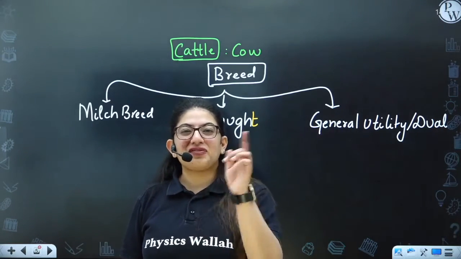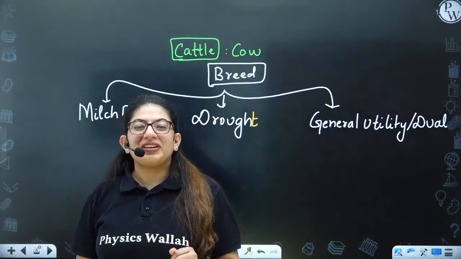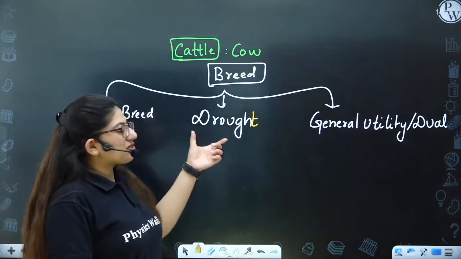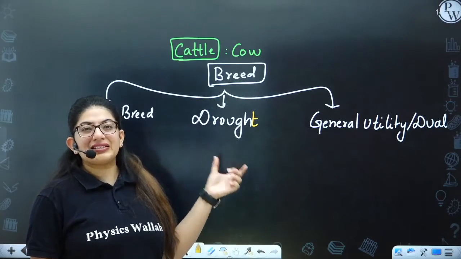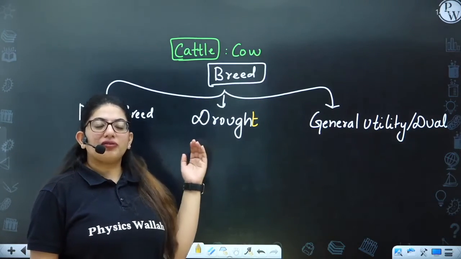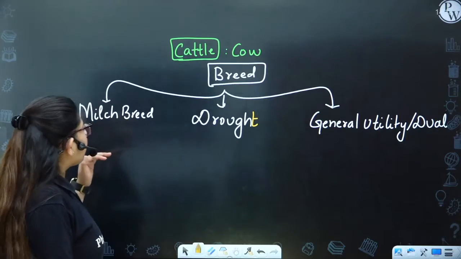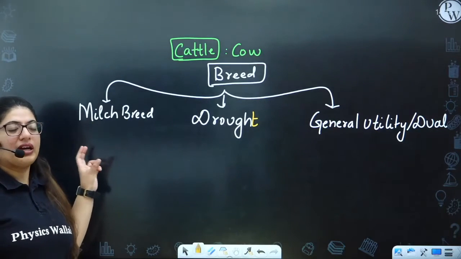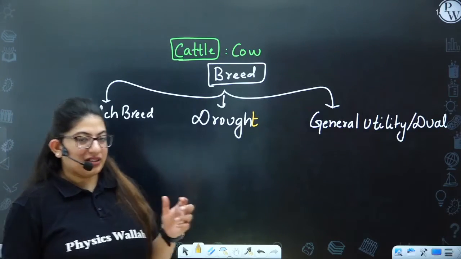You must have seen that festival in Spain of bulls, or the bull fightings as well. So that's why draught breeds are usually used for bullocks only, whereas in the milch breeds we see the cows with high lactation power.